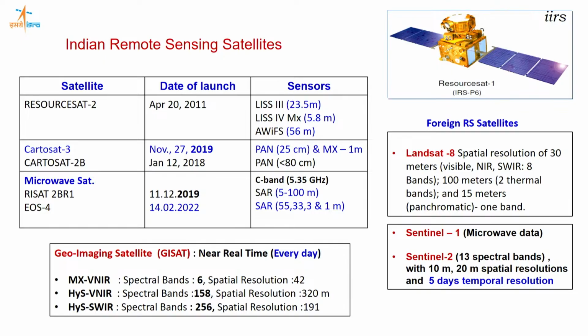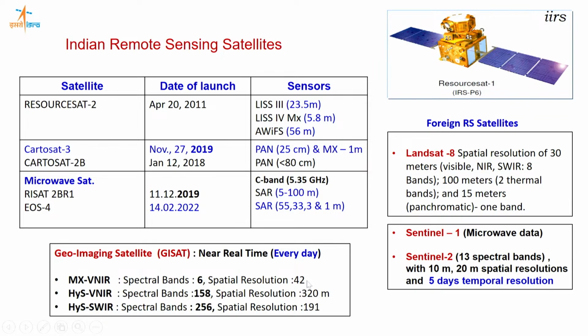In future, at this year end or next year, we are also going to have the geoimaging satellite, GISAT, one of the most important satellites. You will get an everyday remote sensing satellite picture of the Earth surface, with 6 spectral bands, meaning 6 lenses to capture the image, but the spatial resolution is 42 meter.